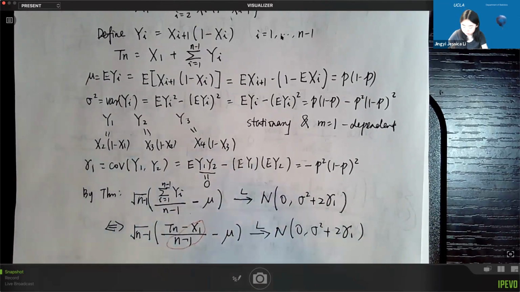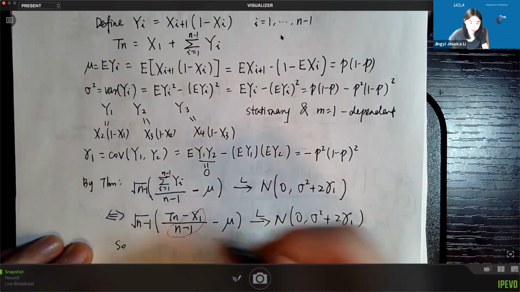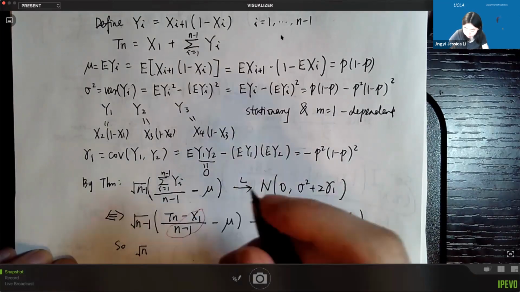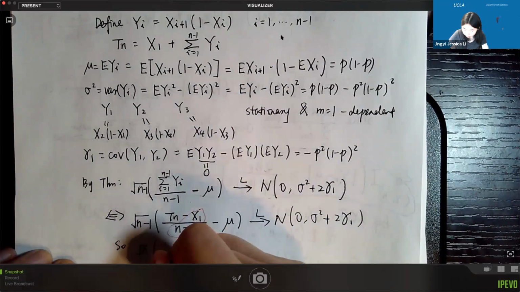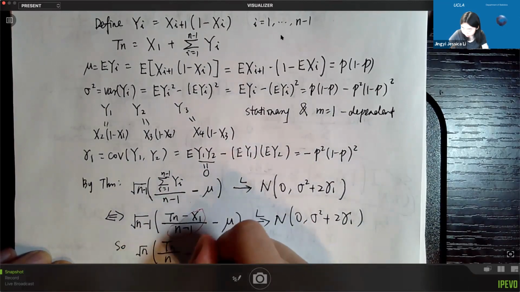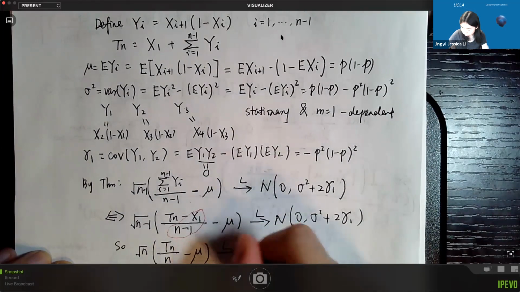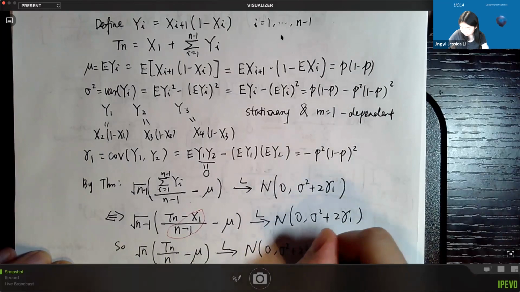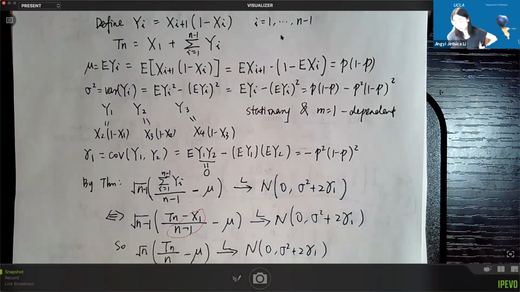So by doing those simplifications, I would have root n times (Tn over n minus mu) converge in law to this normal distribution. That's it. So that's how we derive the asymptotic distribution for the number of runs.